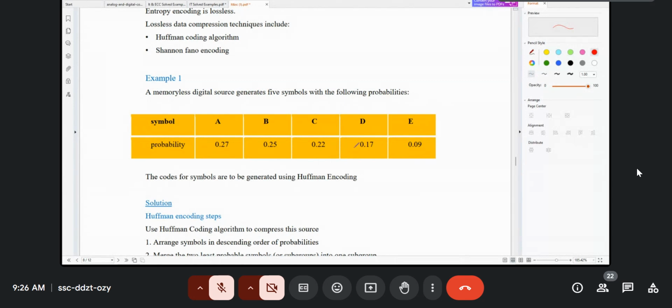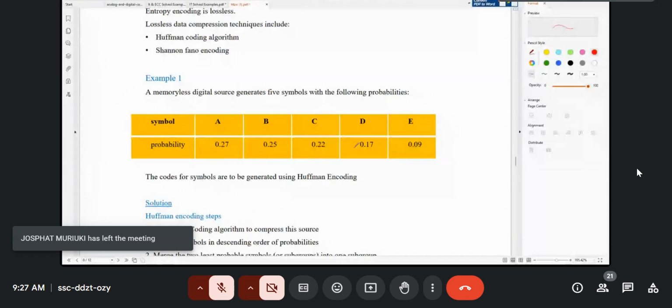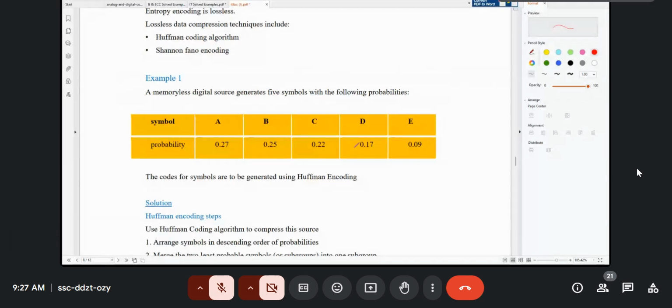Maybe you wrote a passage with 1,000 symbols, and A appeared 270 times.